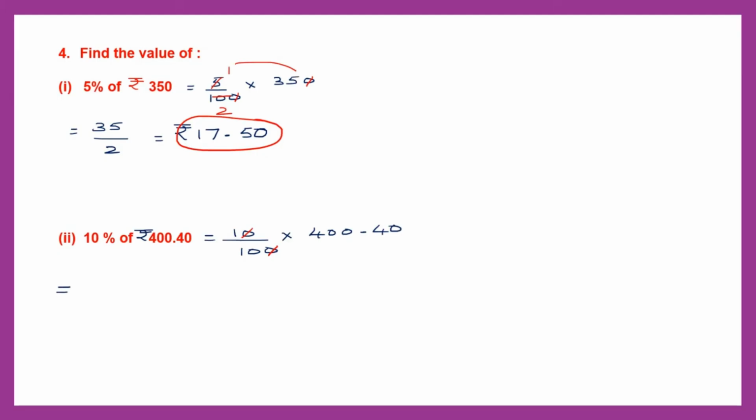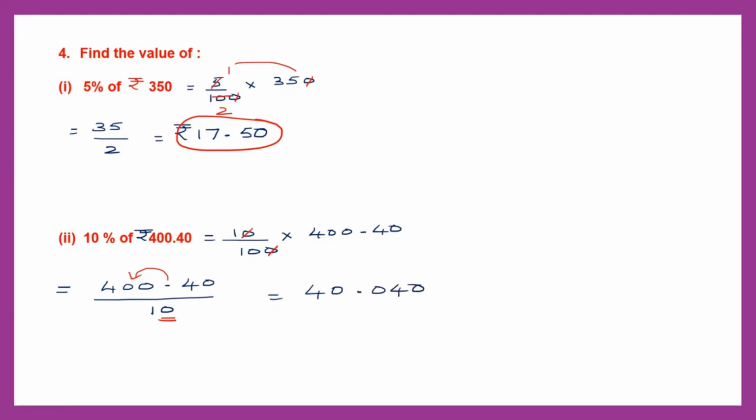So 1 into anything will give you back the other number. So this is 400.40 and in the denominator I have 10. So when you divide a decimal number by 10, all you have to do is move the point one place to the left because 10 has only one 0. So the point will move from here to here. So what will I get? So I will get 40.040.